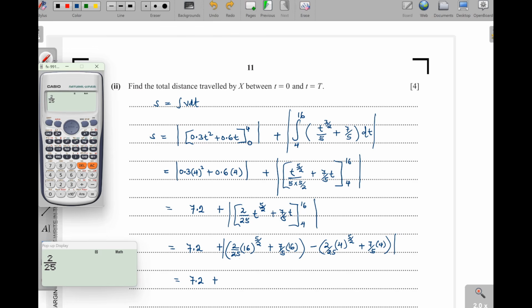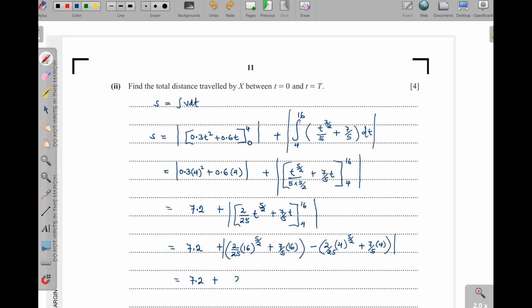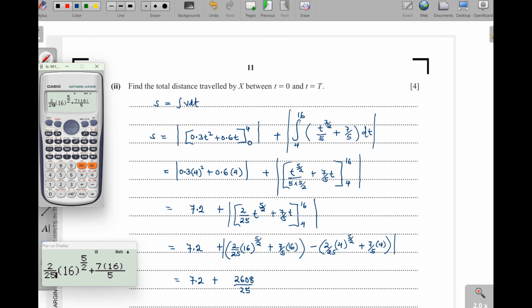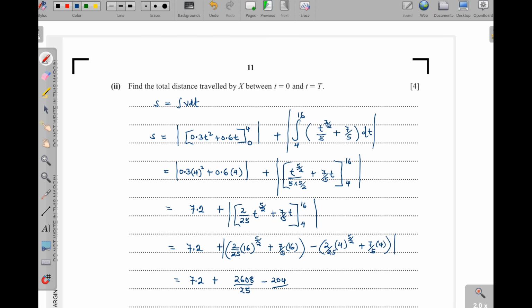That one is 2608 over 25. Then the other one, where there is 16, I put 4. So this is 204 over 25.